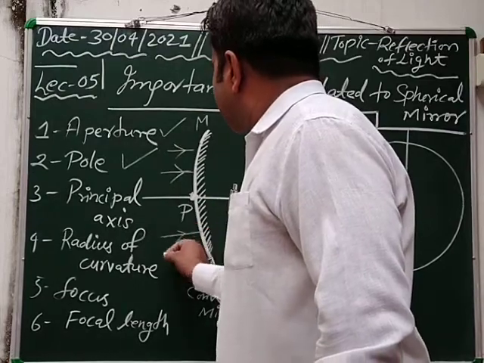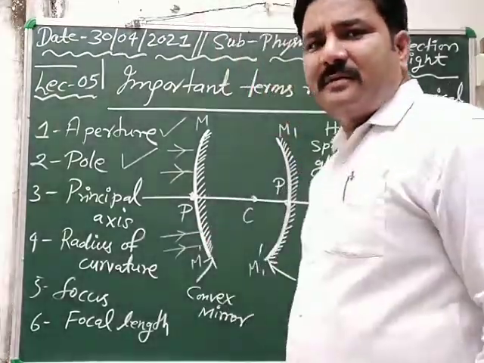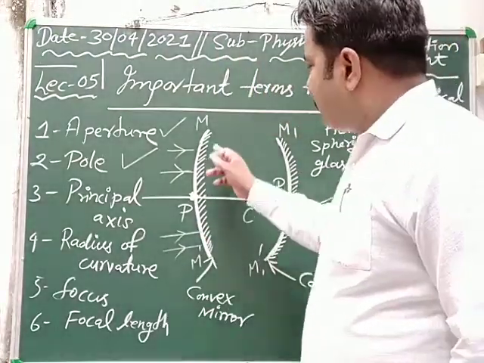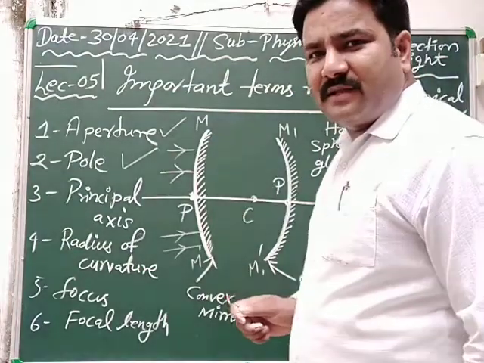All these are parallel rays coming towards the convex mirror.